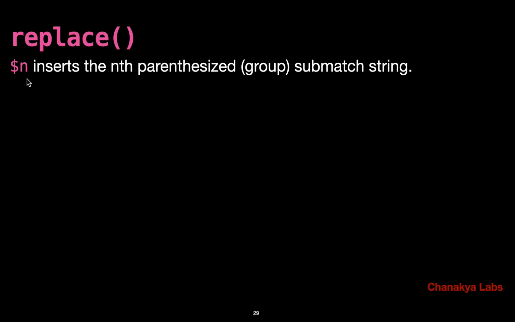One more thing, while we are doing that replacing, the second thing is a string. We saw that, right? The second argument is a string, which is what has to be replaced. But that can have some special things like $n, where it means $1, $2, $3, like that. What it means is that if there are capturing groups in the regular expression, then this $1, $2 will in that order represent all the capturing groups.